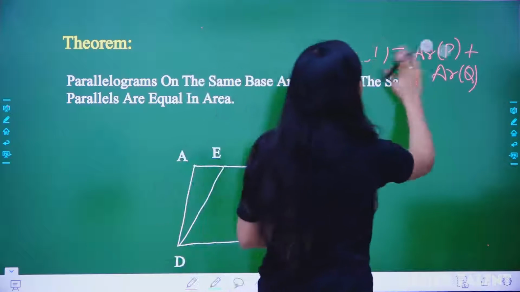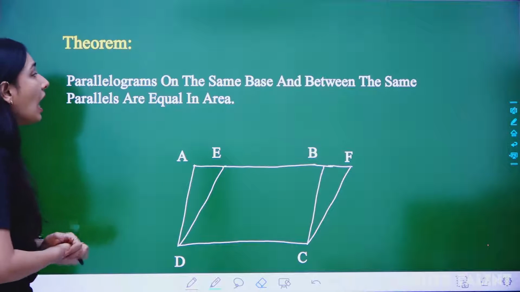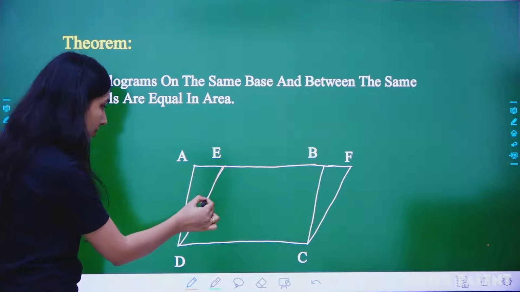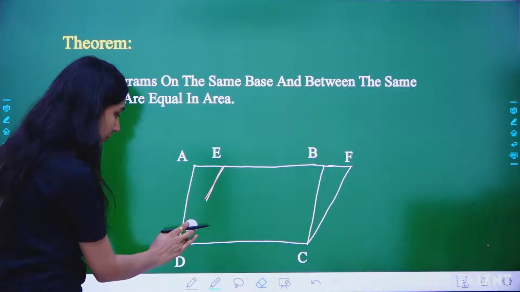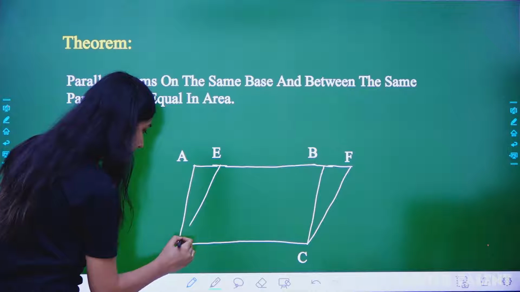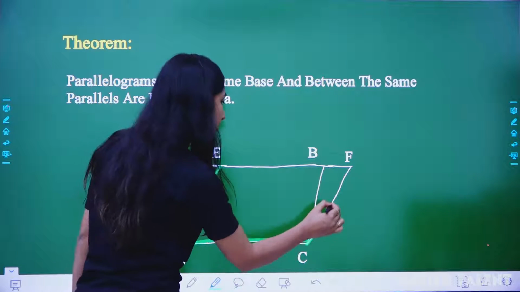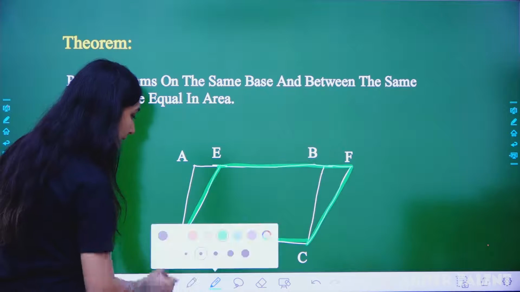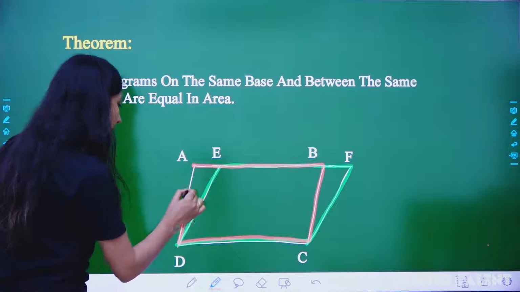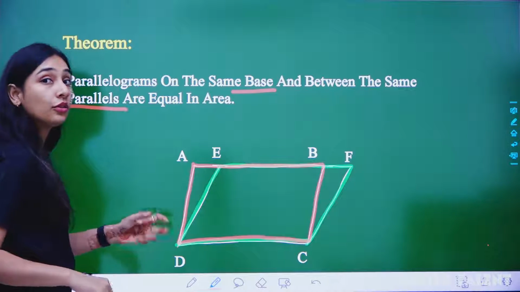Now, in the previous lecture I left you with this theorem, not a question but a theorem: parallelograms on the same base and between the same parallels are equal in area. We will have this kind of parallelogram here: parallelogram DCFE, and another parallelogram ABCD. We have two parallelograms on the same base and between the same parallels, so we have to prove that they have the same area.